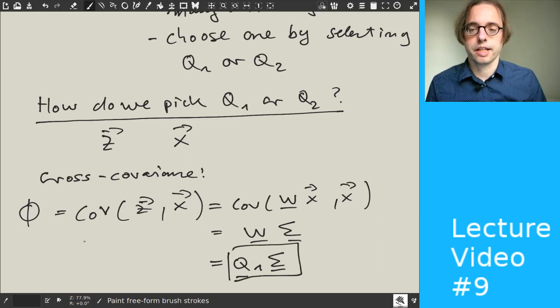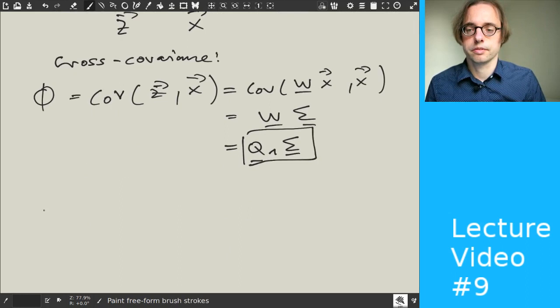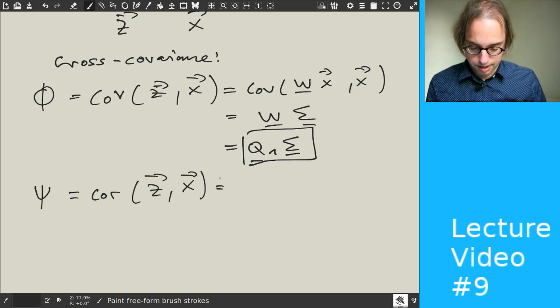We can do the same for the cross correlation, which we denote here by psi. It's the correlation between Z and X, and that's basically the same thing as phi, but we standardize it.